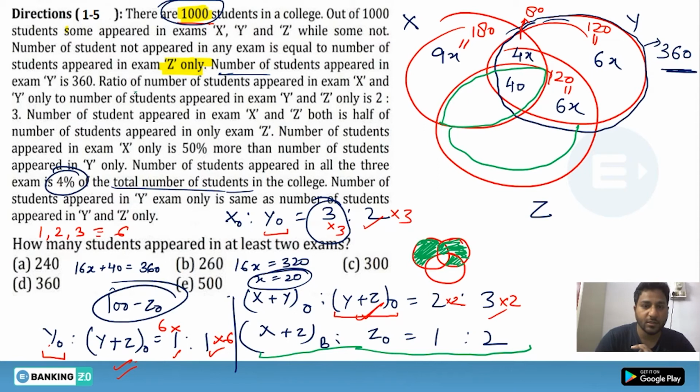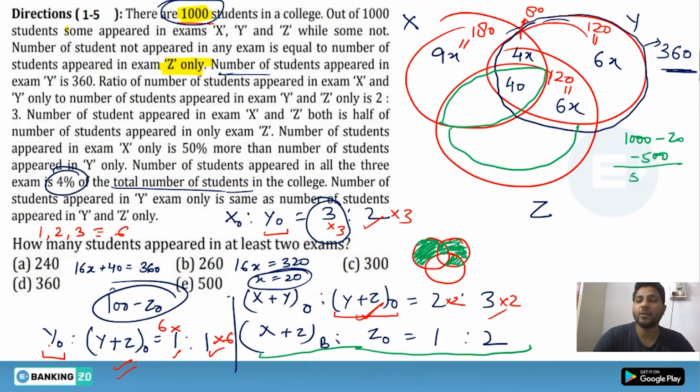Just wait a minute. Since we have found these data, let's calculate them all. You will get 500: 120, 240, 320 and 180 become 500. So out of 1000, you have found 500.